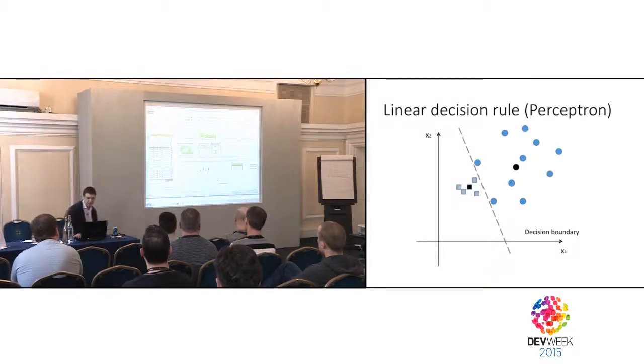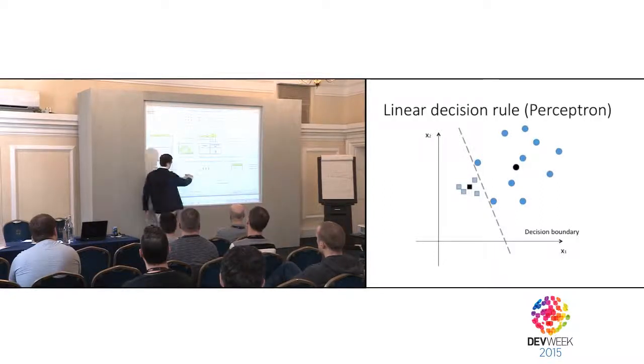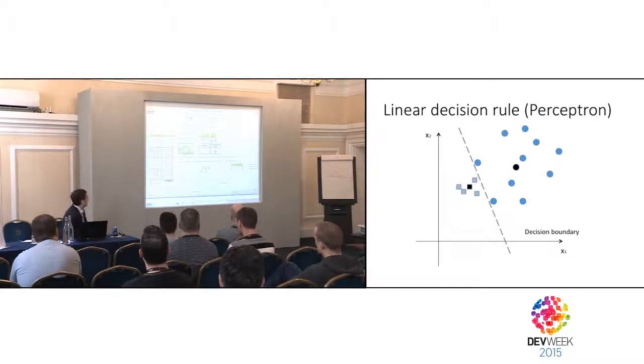Well, the coefficient W0 basically shifts the line away from the origin. So you see that, for example, if I put 5 here, then the line has shifted down to -5 from the origin. If I put -5, then it's shifted in the other direction.